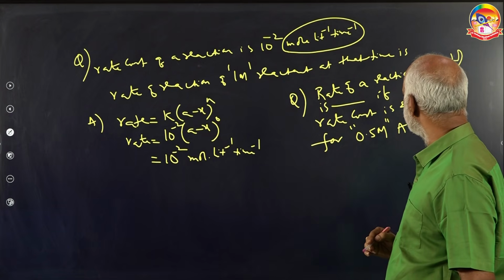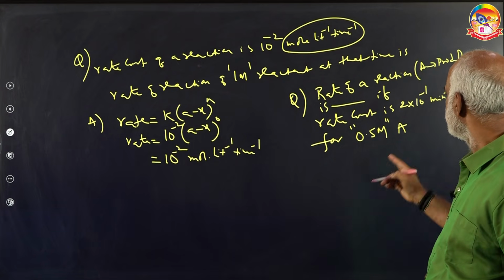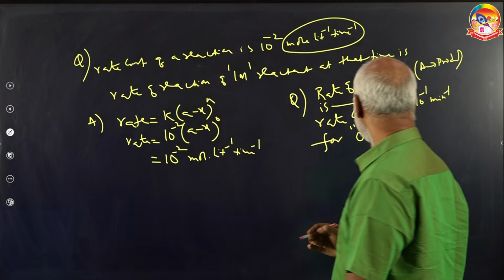Rate of a reaction A gives product is dash if the rate constant is this much and concentration of A at the time is 0.5.